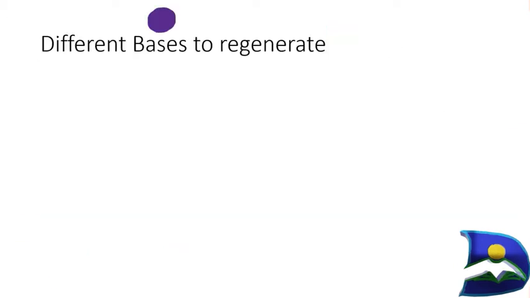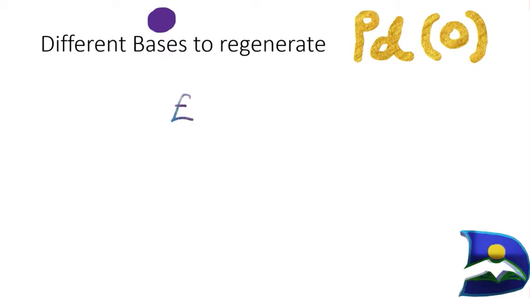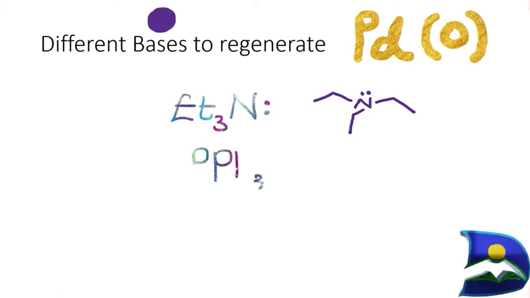So let's look at the different bases that are required to regenerate our palladium 0. One here is called the amine, and any form of amine will do a great job. In this case we have trimethylamine, and the other one here is called a phosphine.